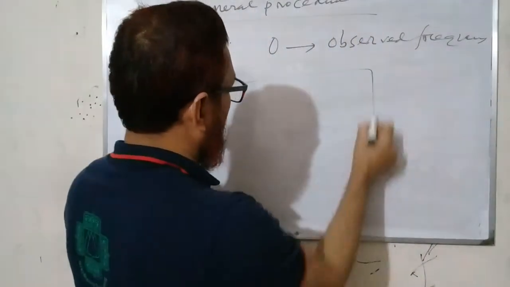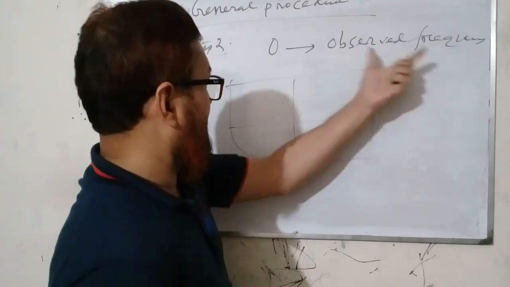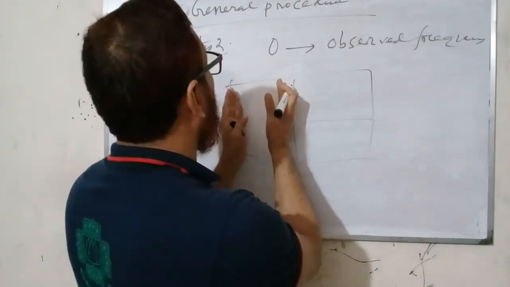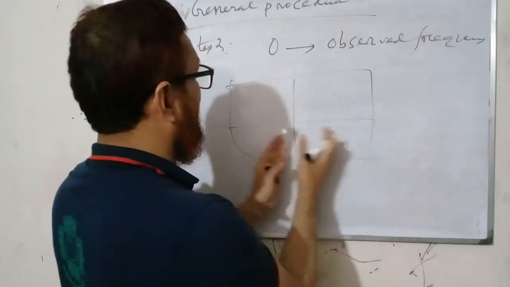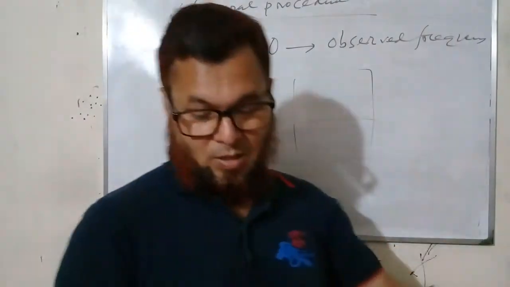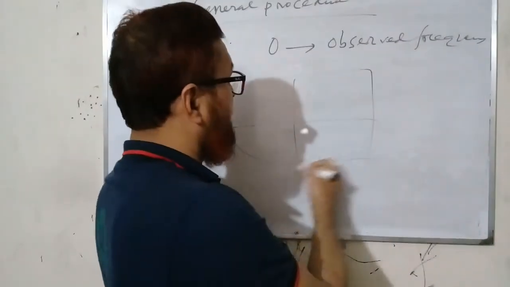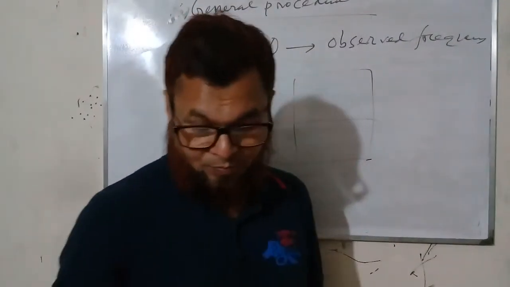This is called observed frequency, and we calculate row total, column total and grand total.